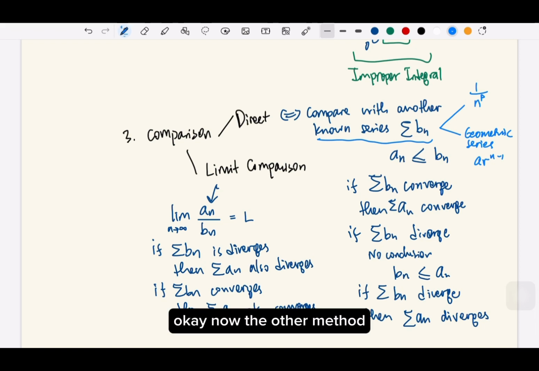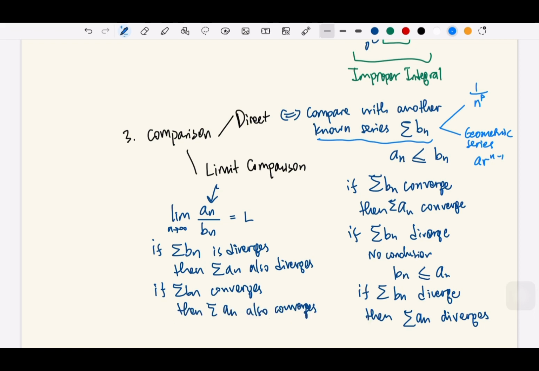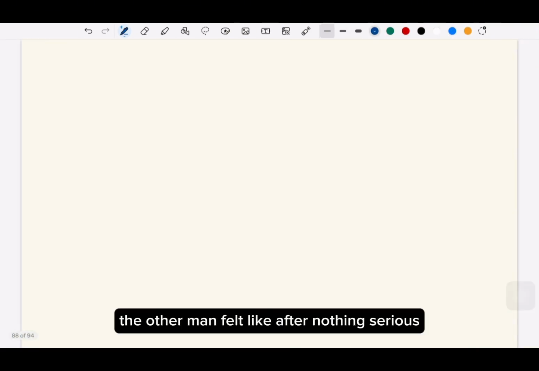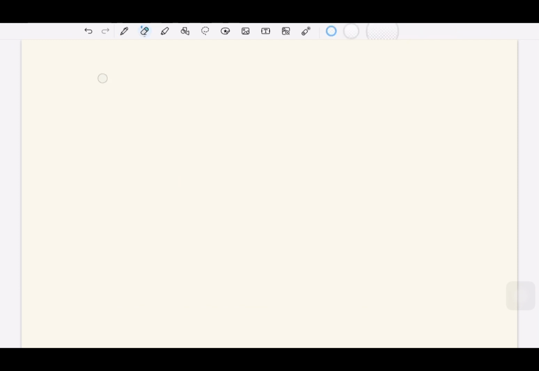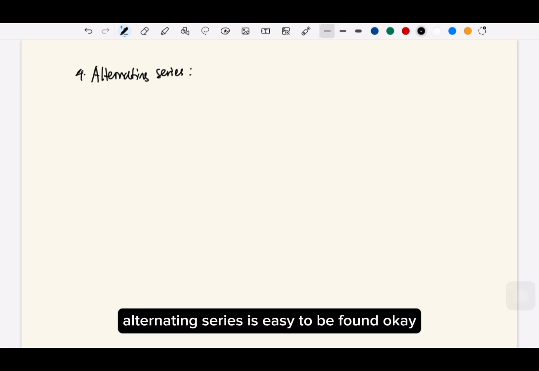Okay. Now the other method, like alternating series. Alternating series is easy to be found.